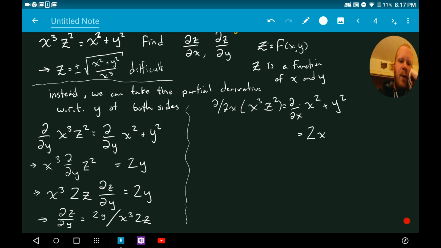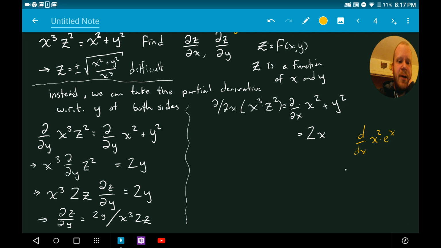Here, we want to think about the fact that, again, z is a function of x and y. So if you want to take the partial derivative of x to the third multiplied by some function squared, you're doing the same thing that you would be doing here, right? This is some function of x, and this is also some function of x.